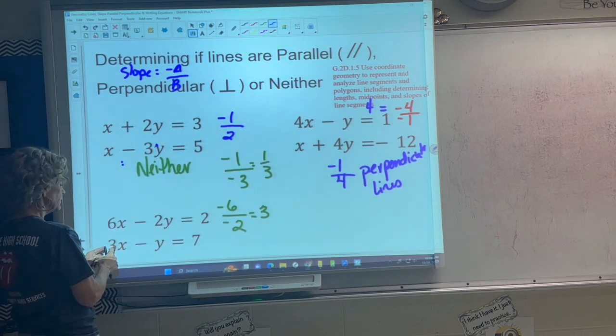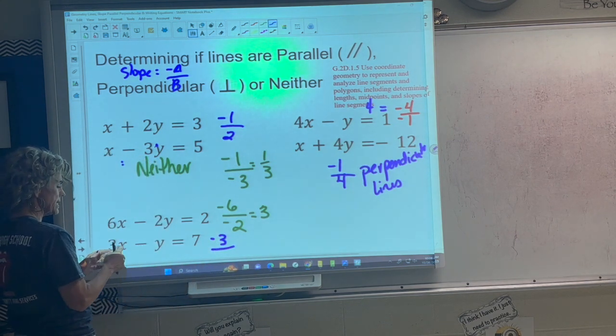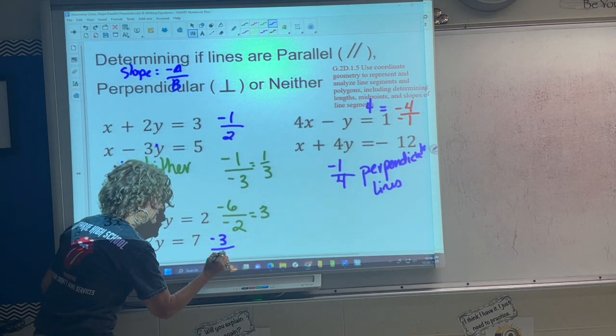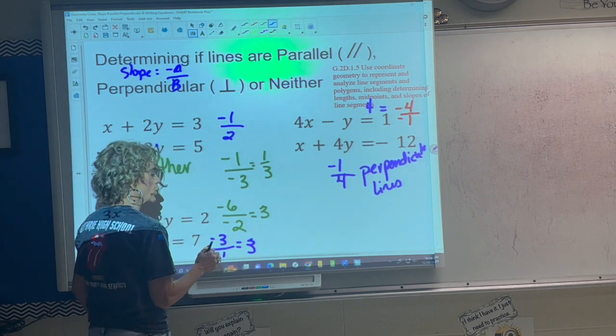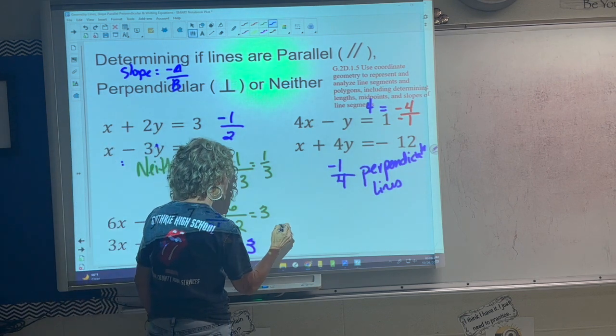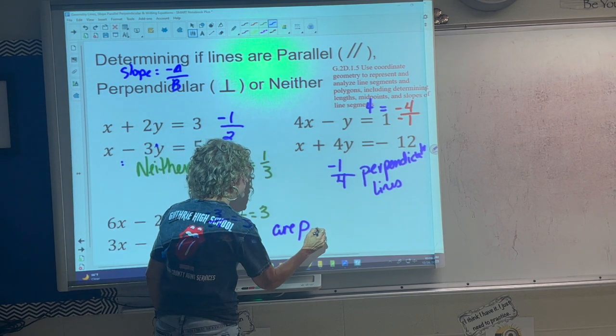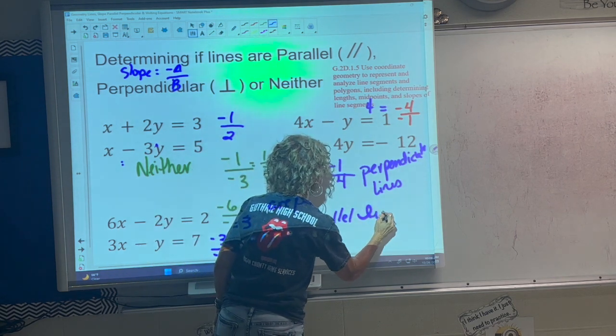A is 3, so the opposite of A is a -3 over exactly what B is. B is a -1. -3 over -1 is a +3. These slopes are equal. They are the same. They are congruent. That means these two lines are parallel lines. So these two lines are parallel lines.